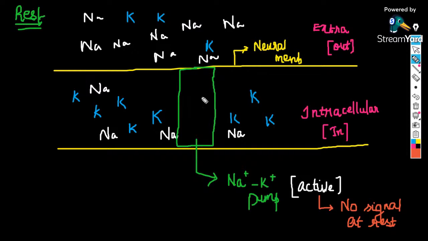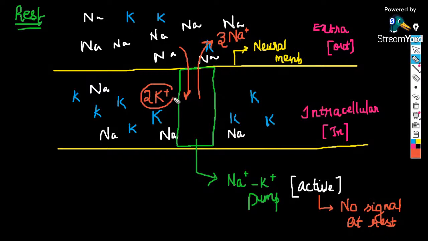So what is the function of the sodium potassium pump? The sodium potassium pump will pump 3 sodium outwards, I already told you, and they will pump 2 potassium inwards.